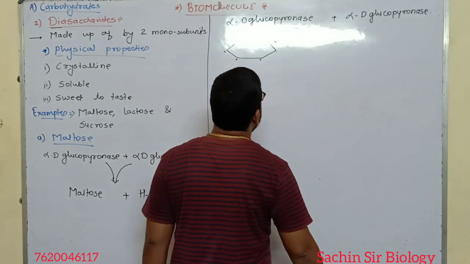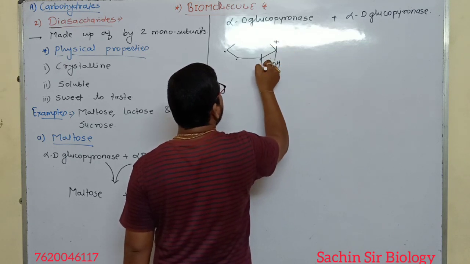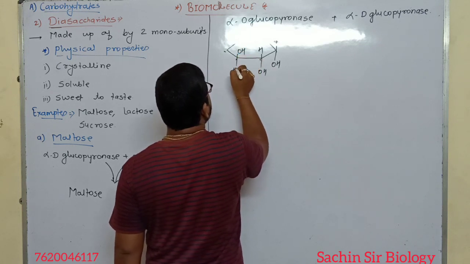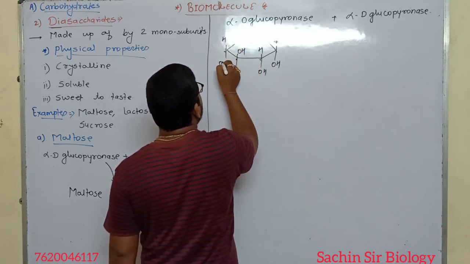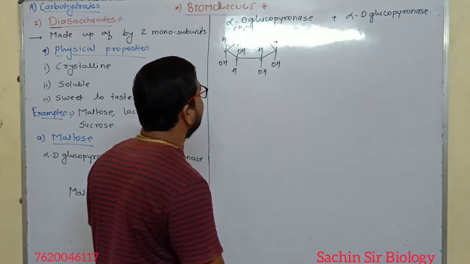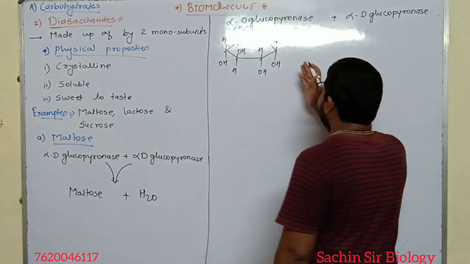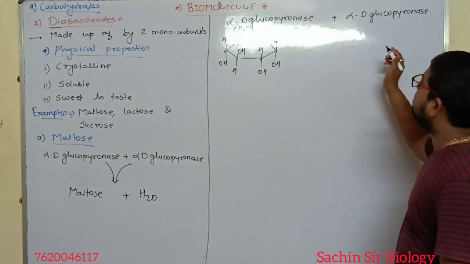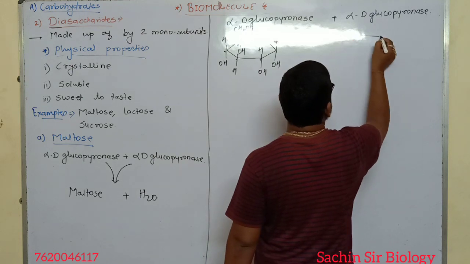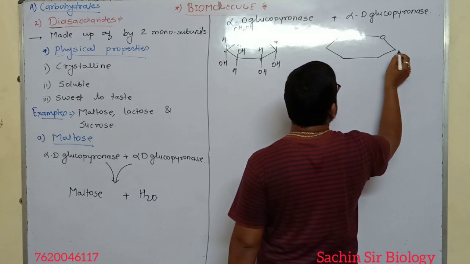Then how the hydroxyl groups attach: H OH, then H OH, OH H, H OH, then CH2OH and H. This is the ring form of alpha D glucopyranose. Understand? Again the same structure I write on the right side. See, same structure. Understand very well?